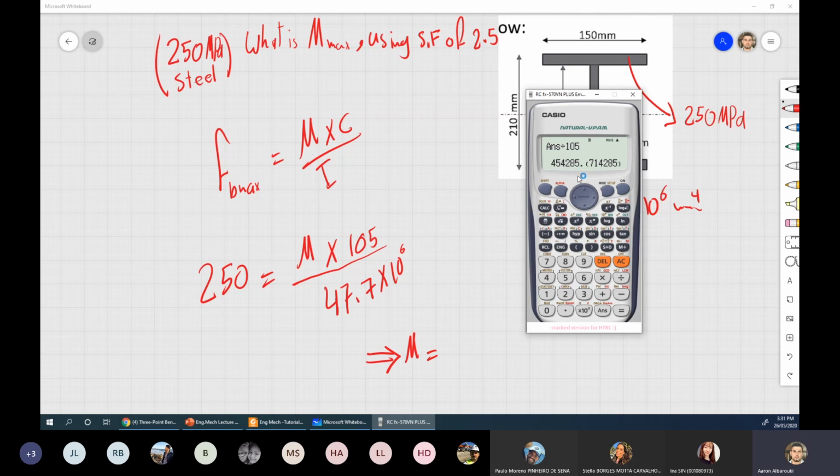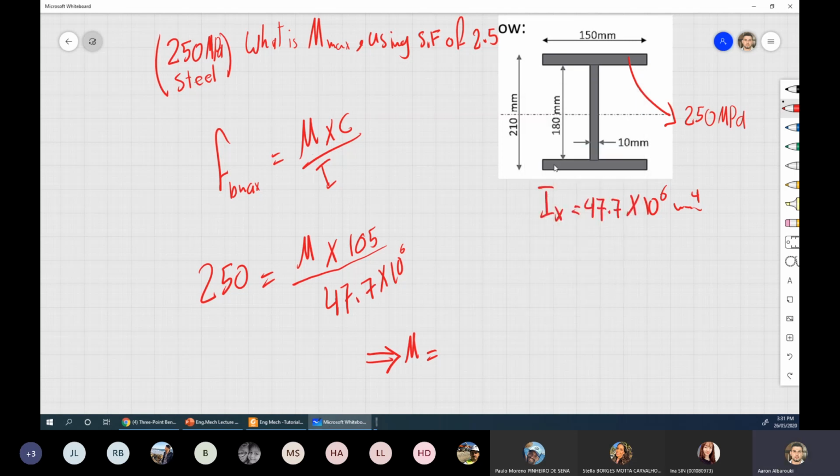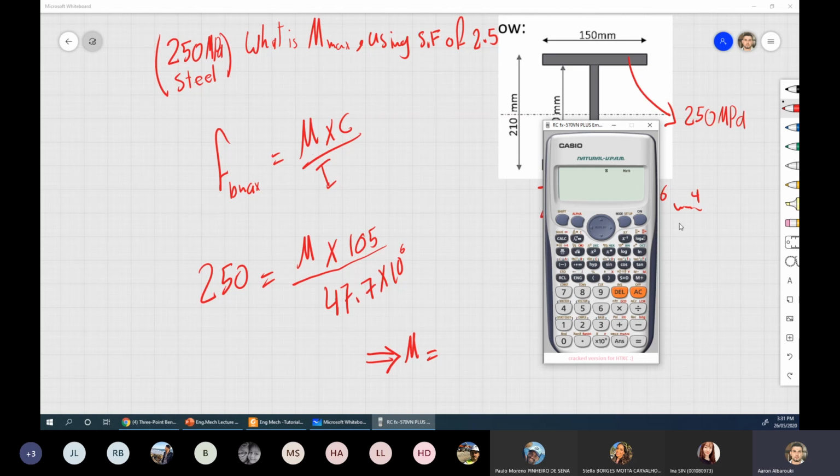Sorry guys, this calculator is not the best, but it's the best I can show you how to do it in your calculator. Okay, let's do it again.